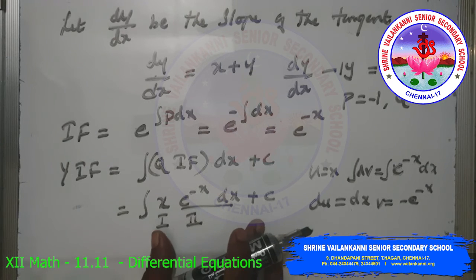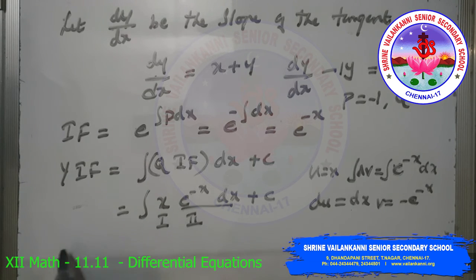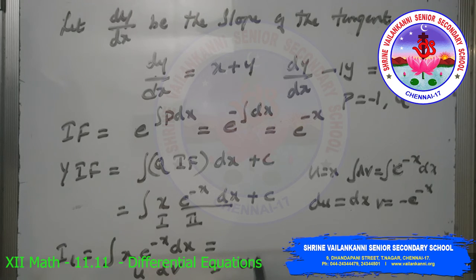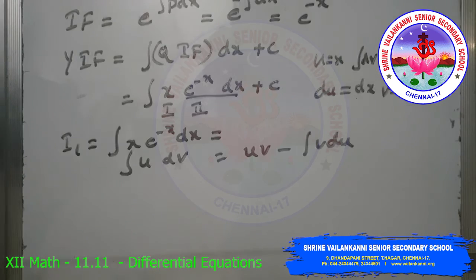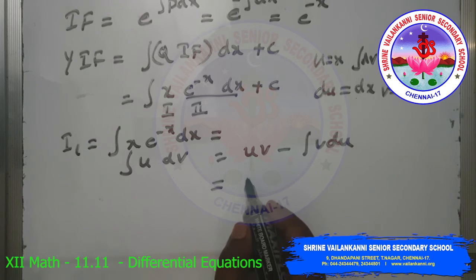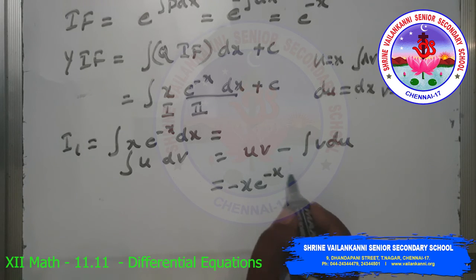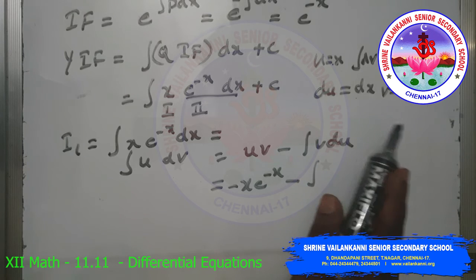Let's take this equation as I1. So I1 is integral of x into e power minus x dx, which is equal to, using the formula, integral of u dv equals uv minus integral of v du, which is equal to x into e power minus x, minus integral of v du.